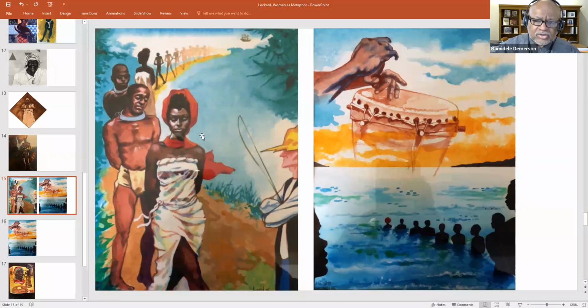So this has been interpreted as a story of resistance to slavery.